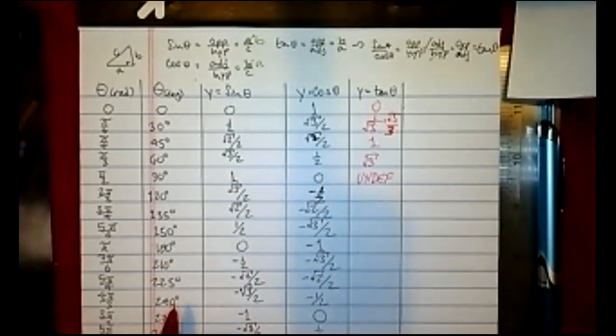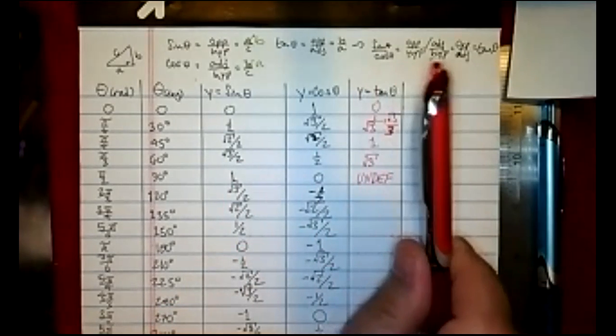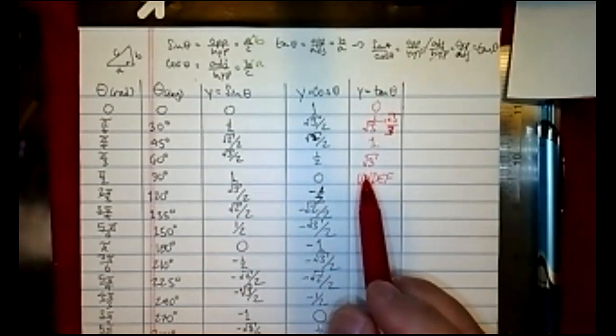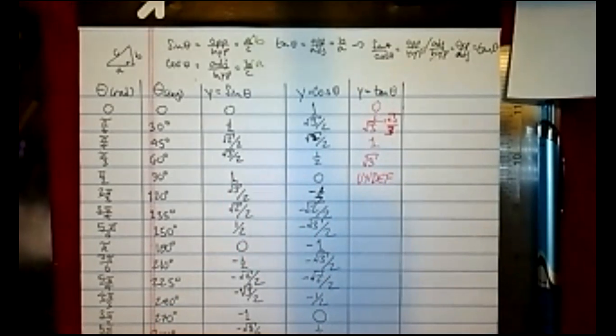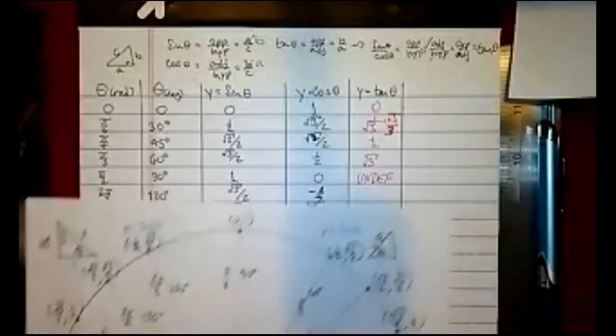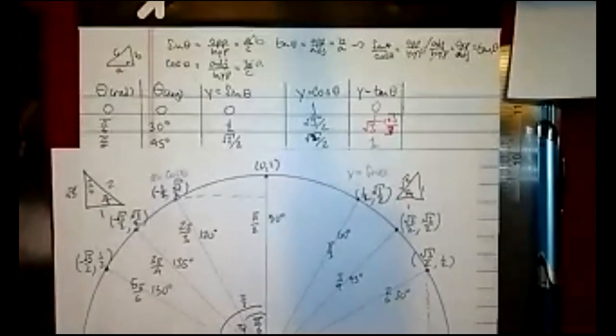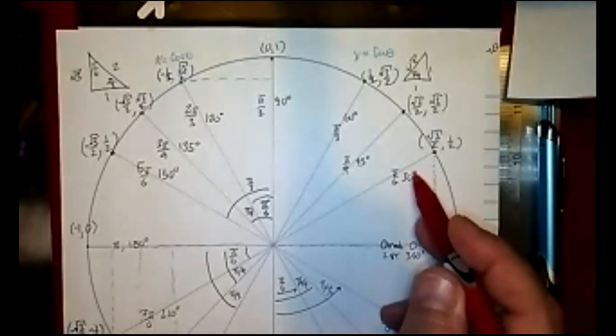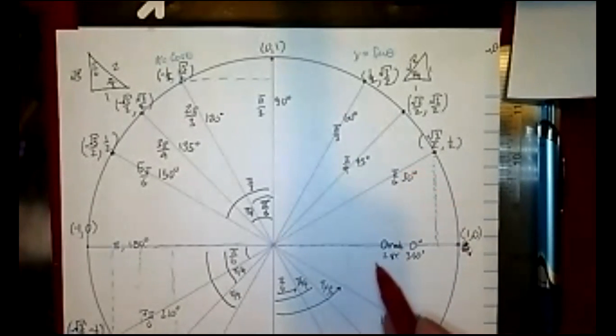Now, if you start to look the other way, if you start to look for the negative side, and there's a reason I know what's going on here, I actually know what the graph is. Let's look at the tangent of negative pi over 6. Remember, tangent of negative pi over 6 would just be the tangent of this, right?